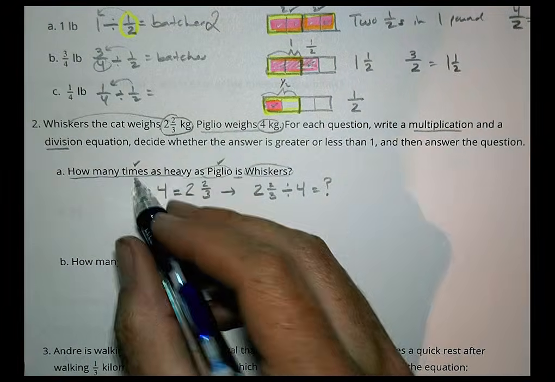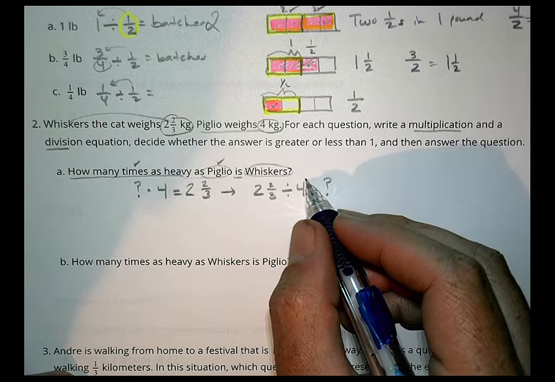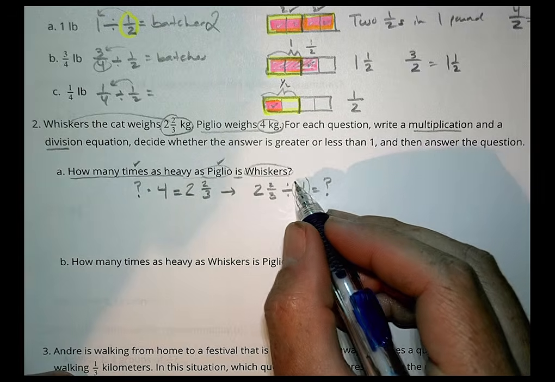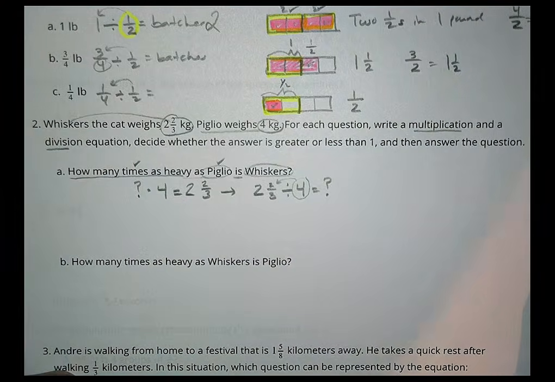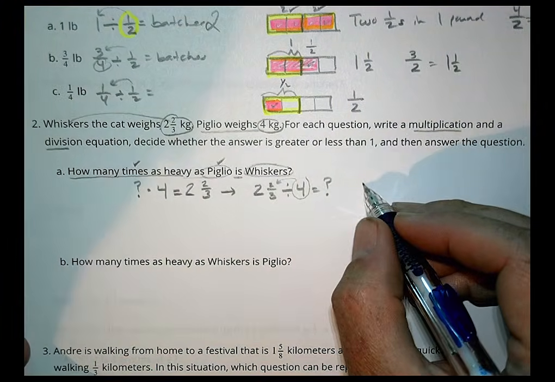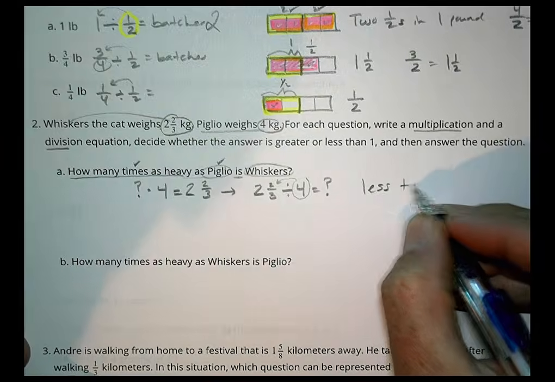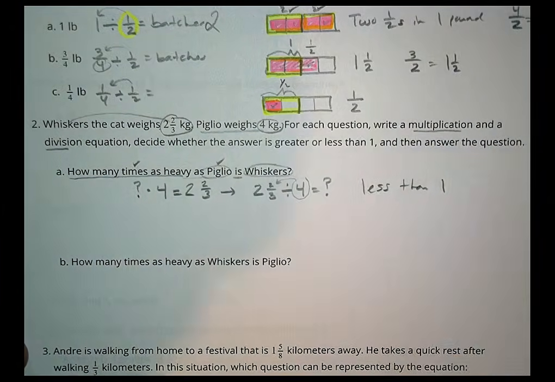So it's going to give us the same question mark answer here. So we can think about this as being how many groups of 4 are inside of 2 2/3? Well, if I have $2 and ask you, can I have 4? You don't have enough. So this should be less than 1 as an answer because 4 is not going to quite fit in there, right?